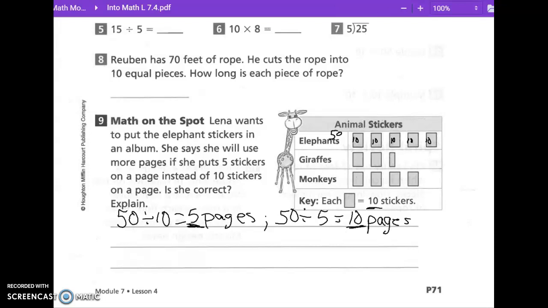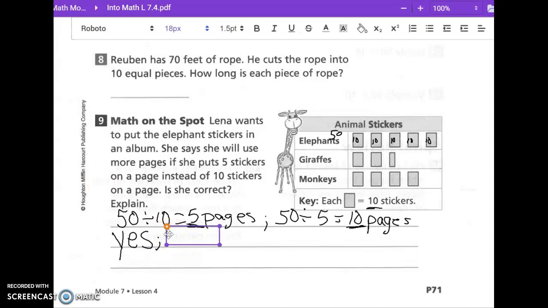If she did 5, she used 10 pages. So is she correct? Yes, she is correct. Why is she correct? How could we explain it? She will double the number of pages if she puts 5 stickers on instead of 10.